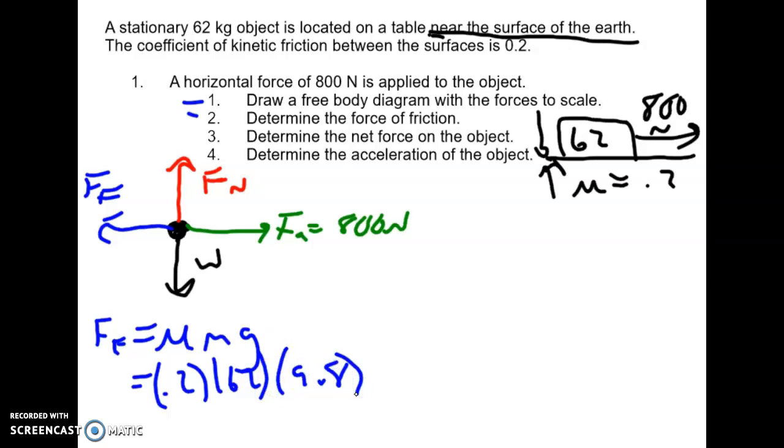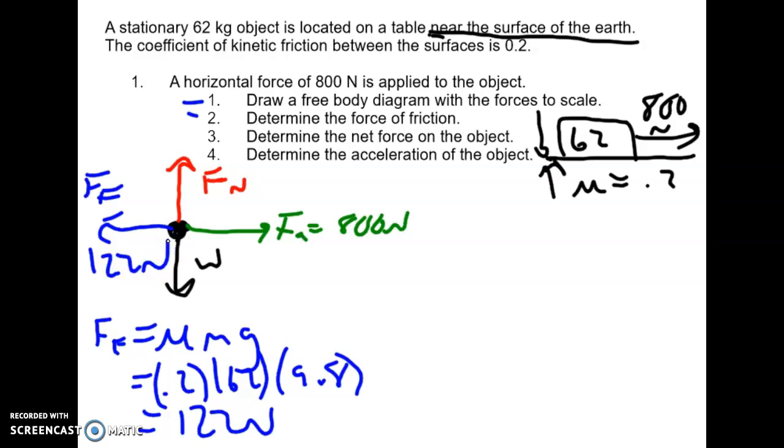I'm going to grab my trusty calculator here today. 0.2 times 62 times 9.8 is equal to, the math that I get is 121.52. I'm just going to round that to 122 newtons. So that force of friction backward is 122 newtons.